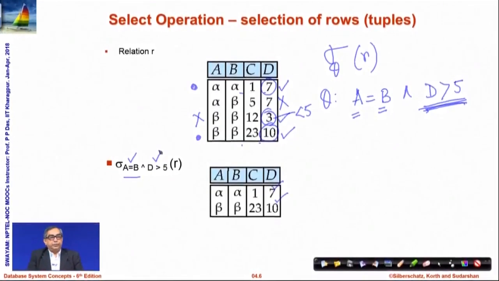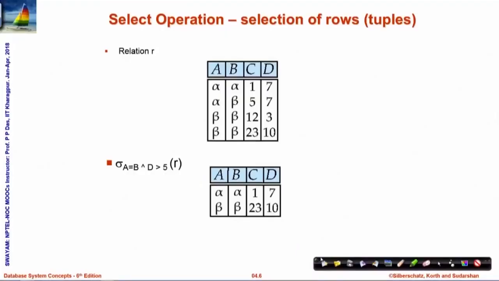So, selection is an operation which selects a subset of rows from a relation and creates a new relation, based on a selection condition that must be true for all the records that have been selected. But the set of columns does not change; it remains the same.